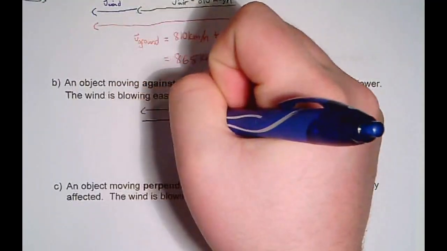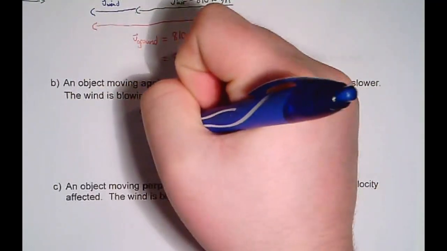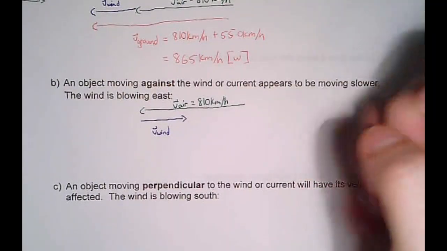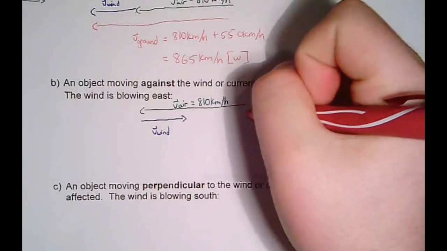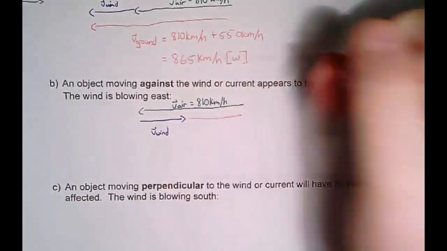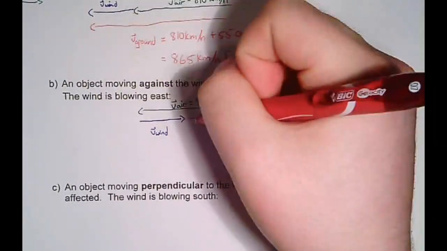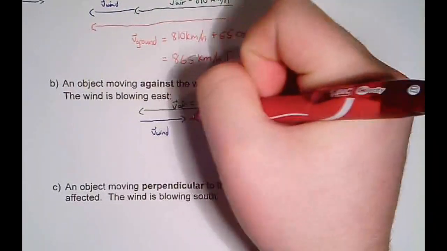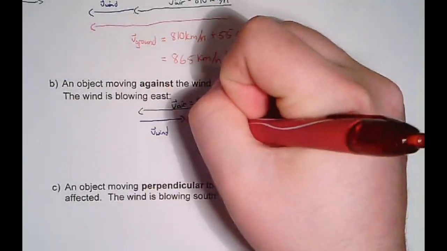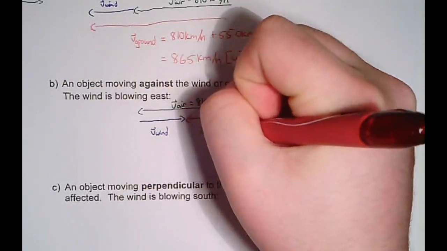So the velocity of the wind is going the other direction. When we draw a resultant vector, we draw from the tail of the first to the tip of the last. But that gives us our ground velocity.